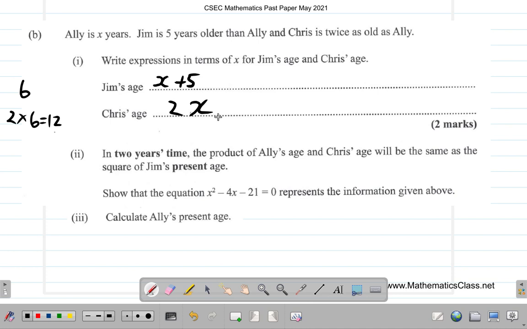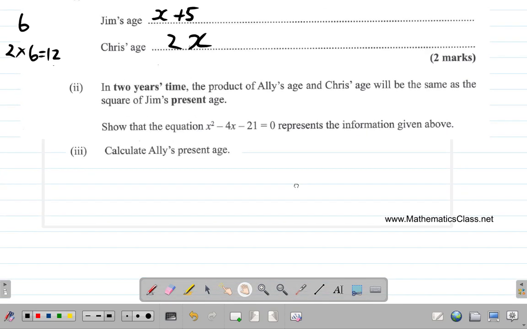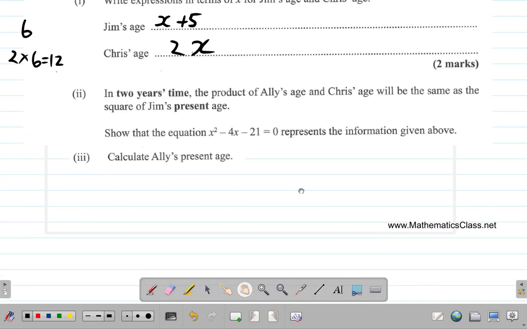Now they say in 2 years' time the product, meaning you're going to multiply, of Ali's age and Chris's age, so you're going to multiply Ali by Chris, will be the same as, that means equal, the square of Jim's present age.